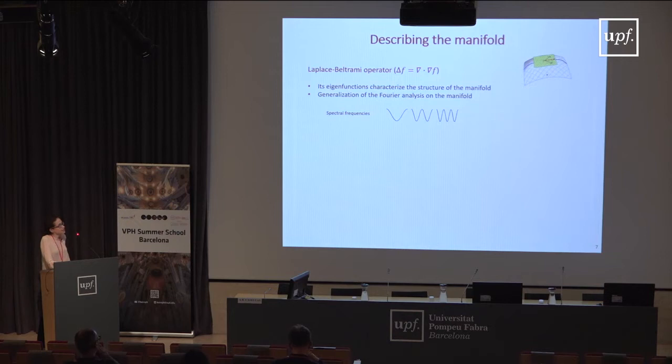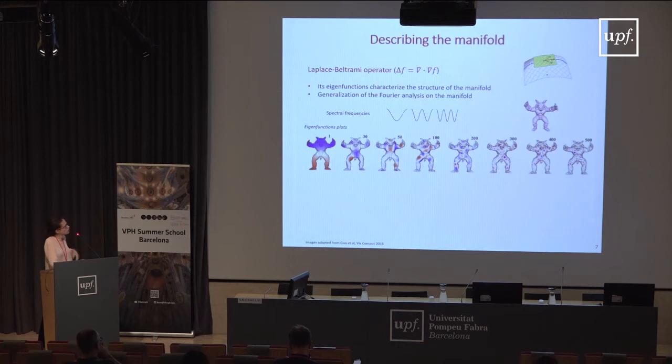And this can be seen as a generalization of Fourier analysis. So eigenfunctions corresponding to small eigenvalues would describe the global structure of the manifold, while eigenfunctions corresponding to large eigenvalues could capture the details of the manifold.